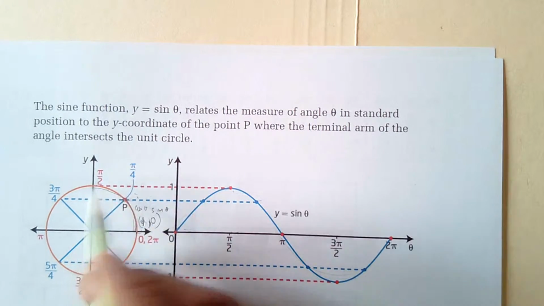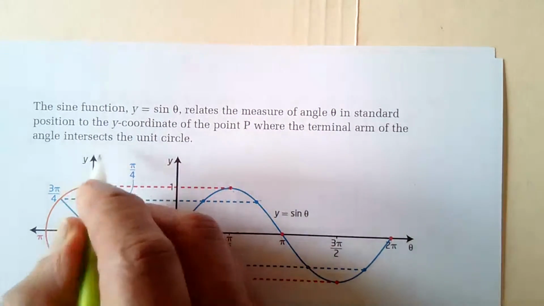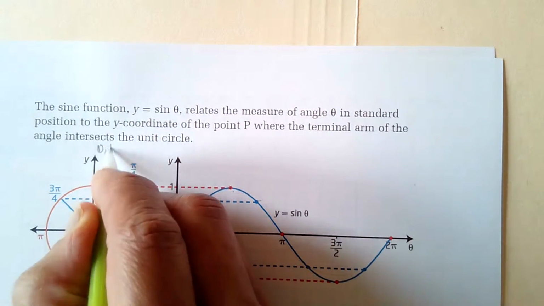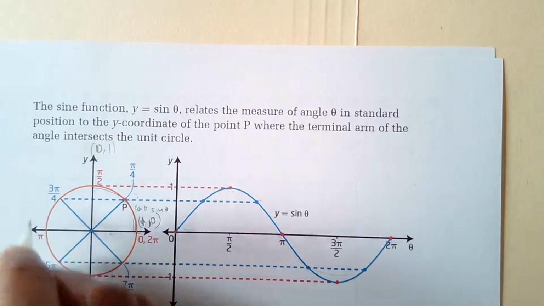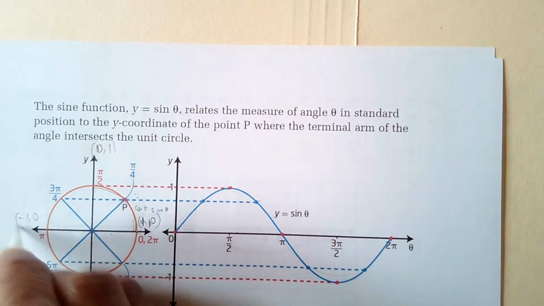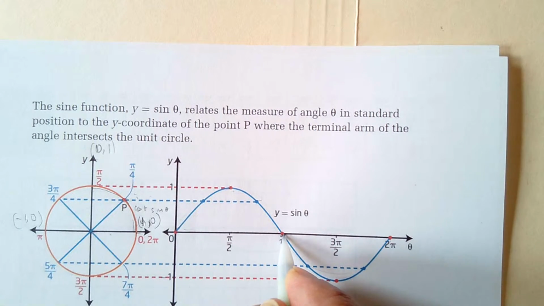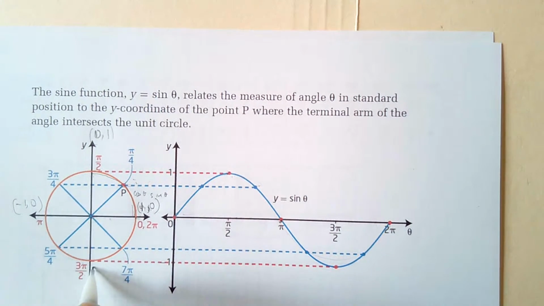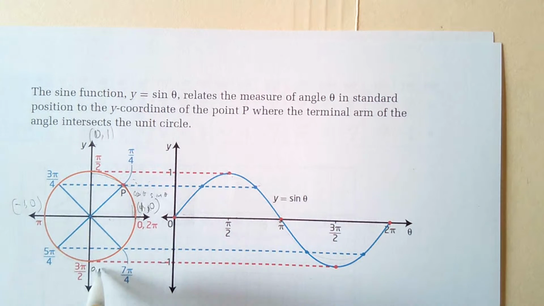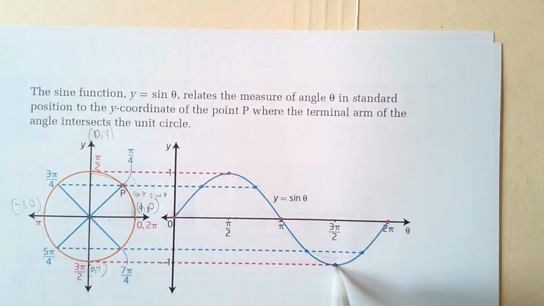At pi over 2, sine is 1. At pi, sine is 0. At 3 pi over 2, sine is negative 1.